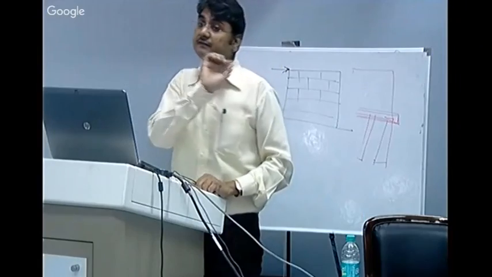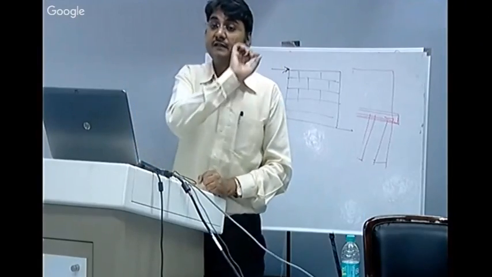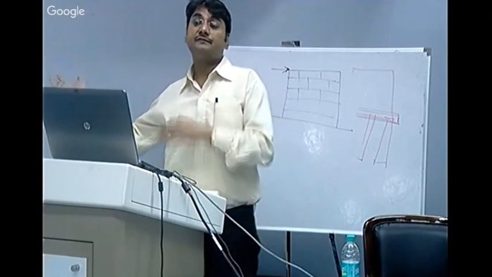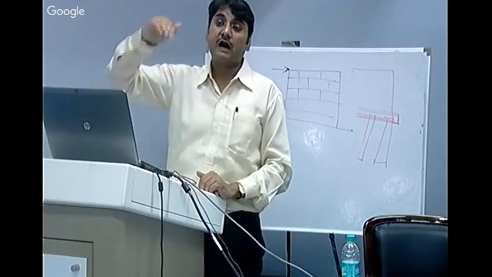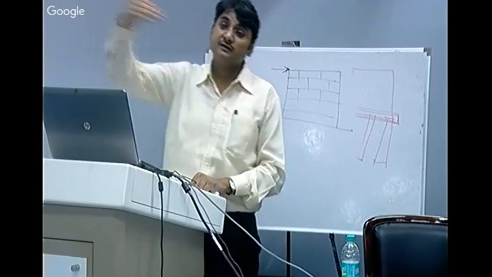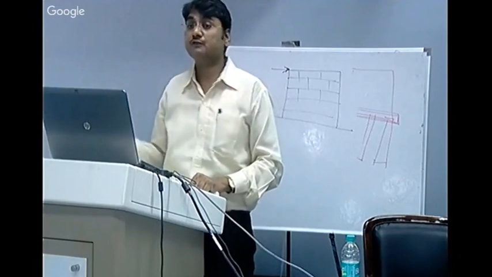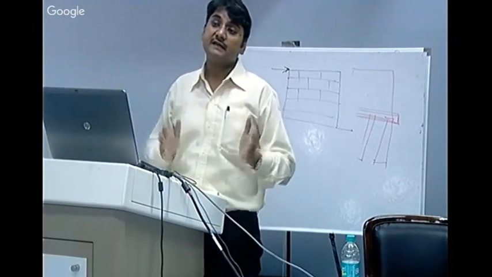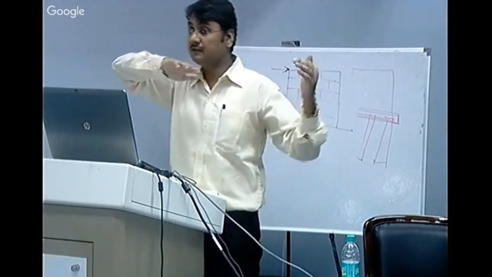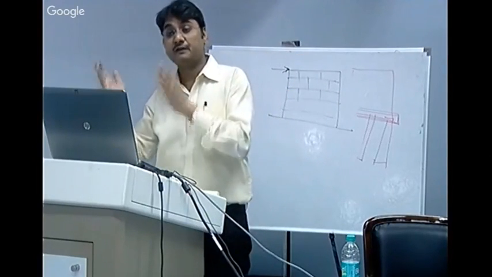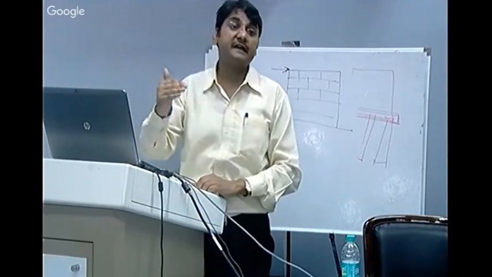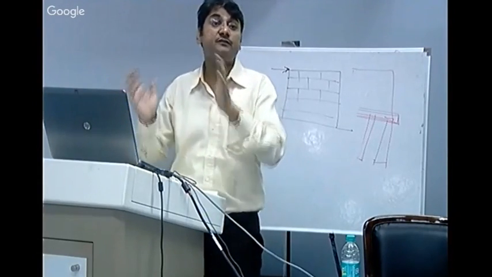If wind travels in a particular direction, it will travel in that direction for a longer time, and after a long time it will travel in the reverse direction. But in case of earthquake, in a particular second the earthquake force will be in one direction, and in another second it will be in the opposite direction also. So it is a cyclic kind of loading.